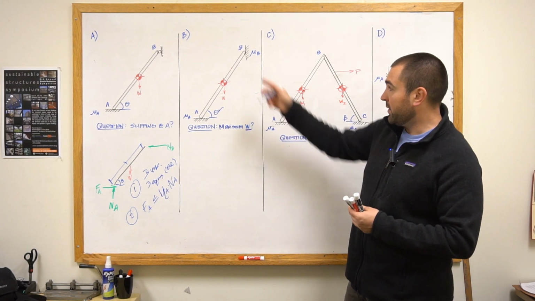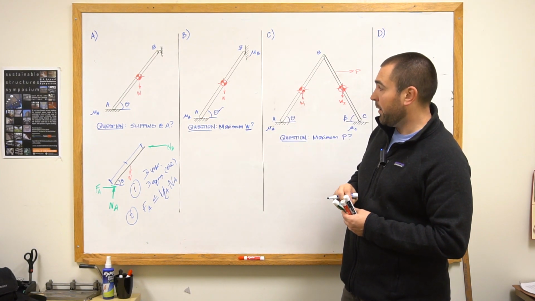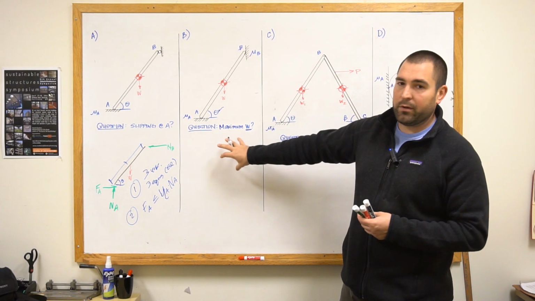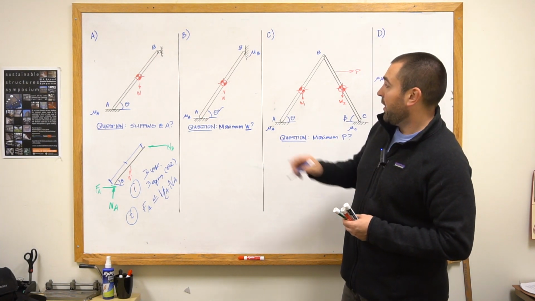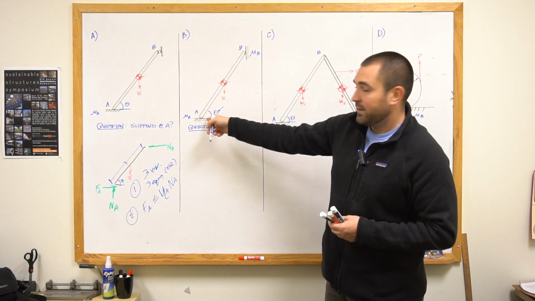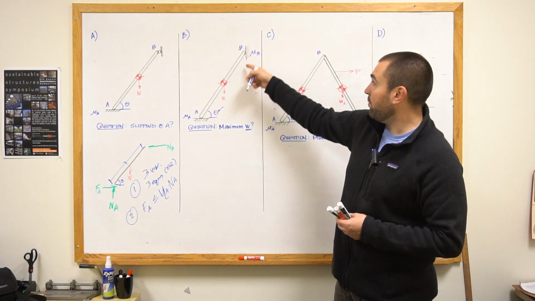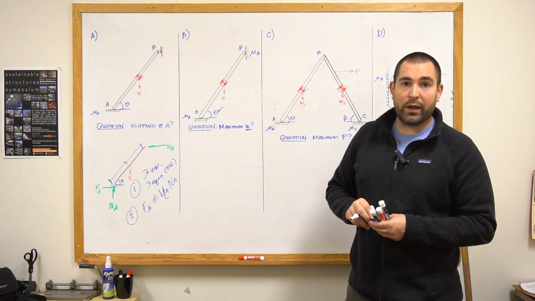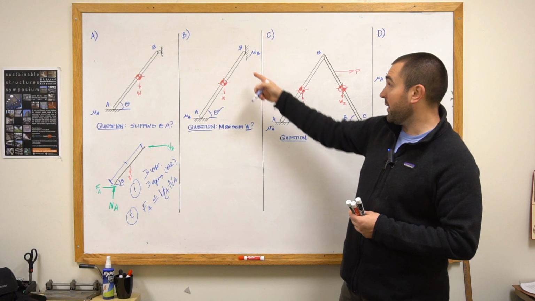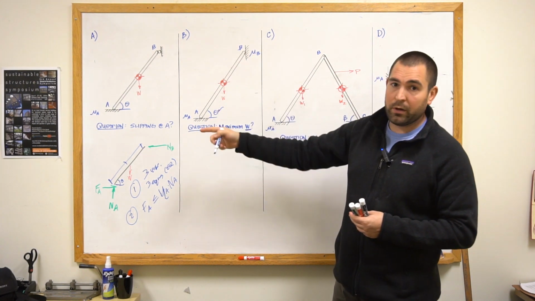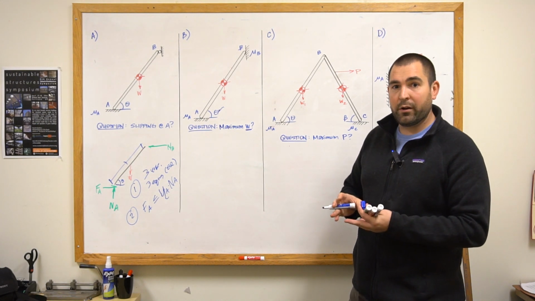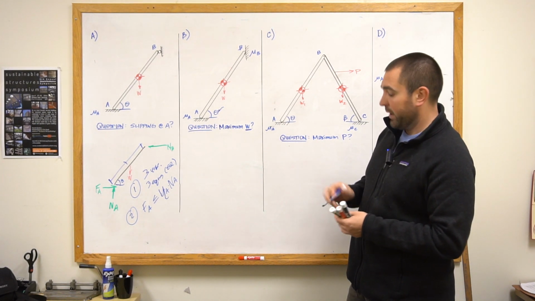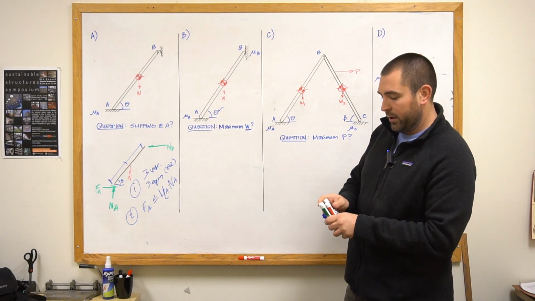And so failure would be slipping of this frame. The key about this type of problem, and your book discusses this as well, is that in order for point A to slip, point B has to slip as well. Because this is a rigid member, all points have to slip at the same time or not at all. And so with a problem like this, let's just talk about the free body diagram.